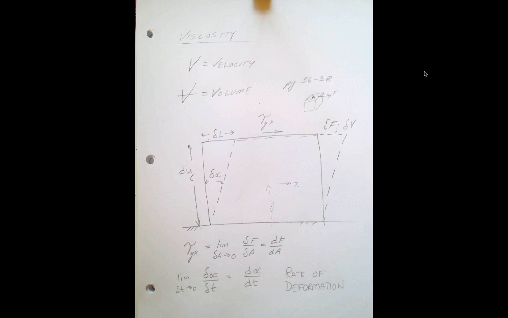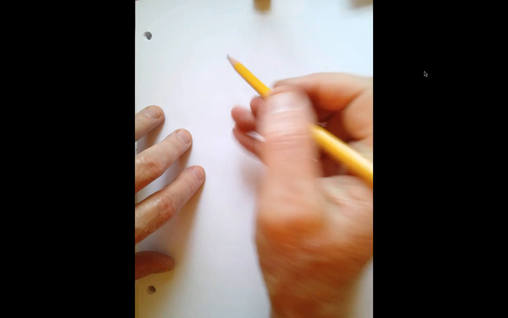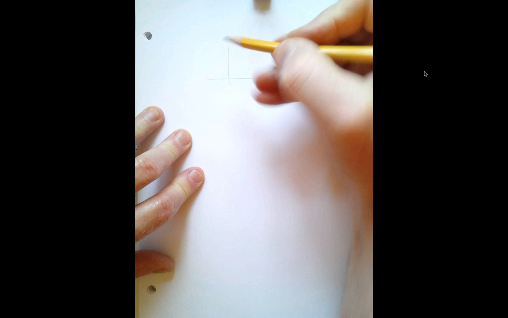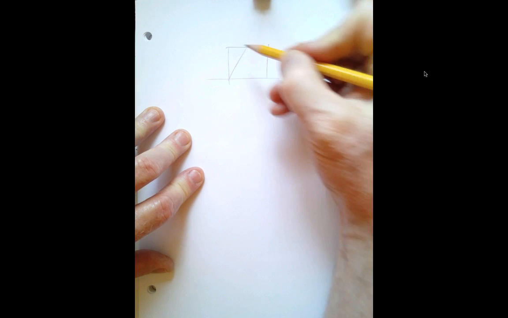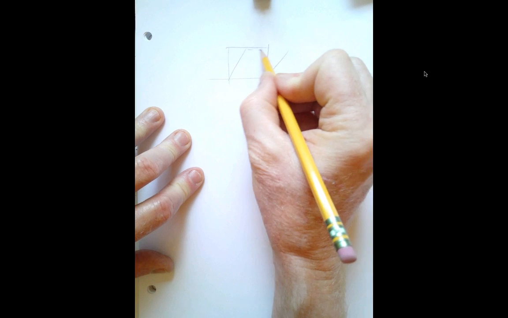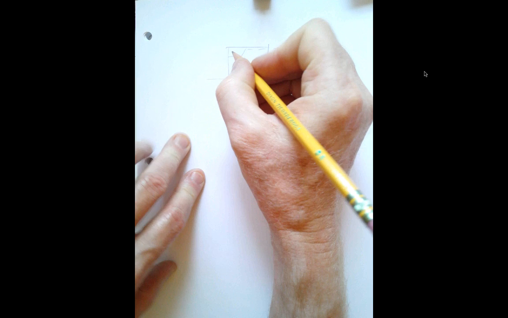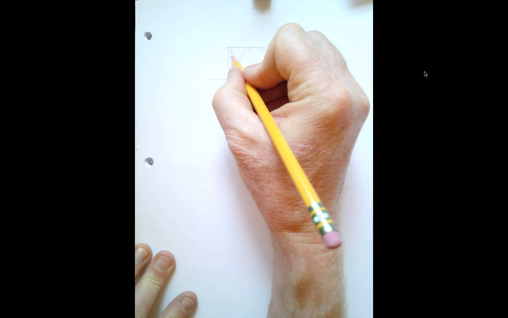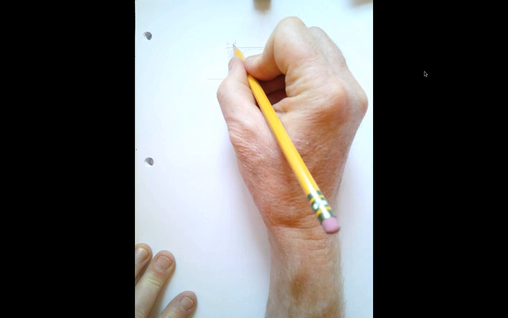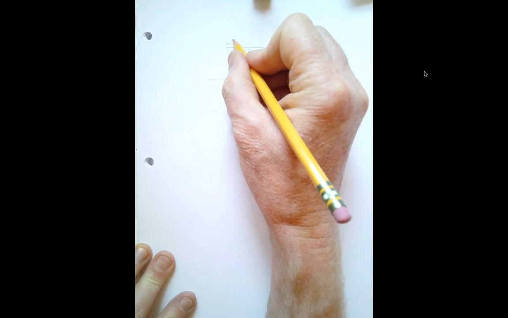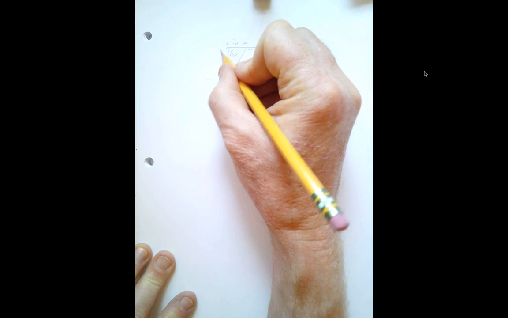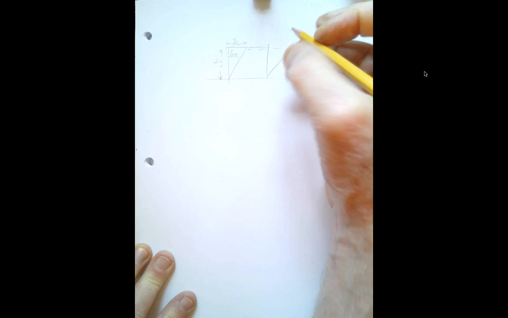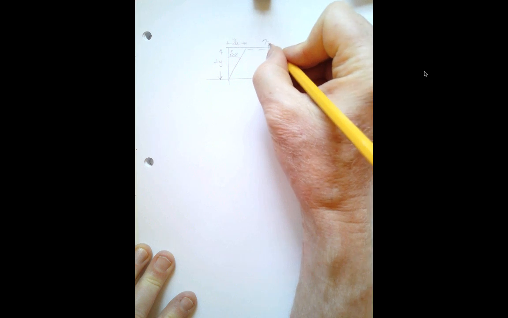Now let's look at that rate in terms of the element geometry. Okay, so quick redraw. Alpha, dl, dy, tau yx.